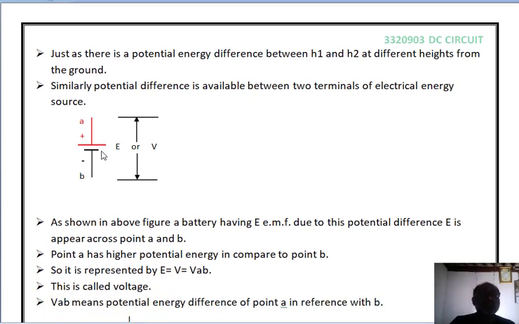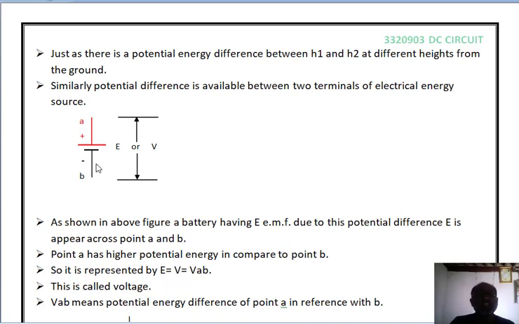As shown in this figure, the battery has EMF E. Due to this EMF, the potential difference E appears across points A and B. Point A has a higher potential compared to point B. So it is represented by E = V = VAB.